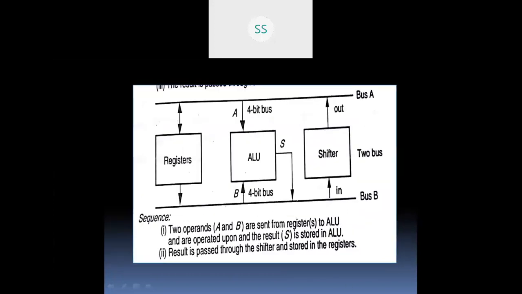In the two bus architecture, both operands enter through bus A and bus B, and once the data is collected, they are operated upon. The result of the addition is stored, then passed through the shifter and stored in the registers. Even though the same operation is done, it takes the help of both buses. This is the difference.